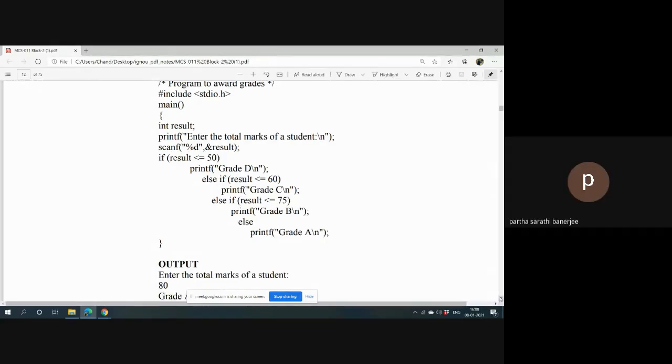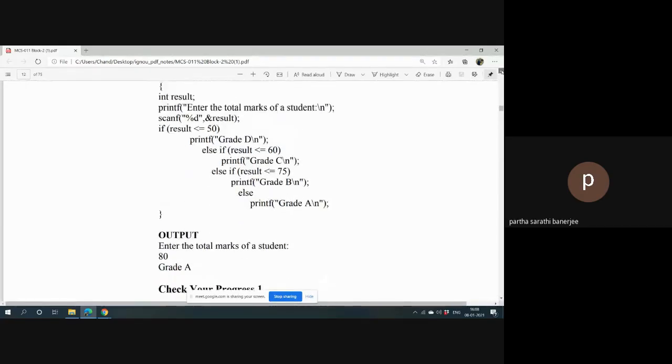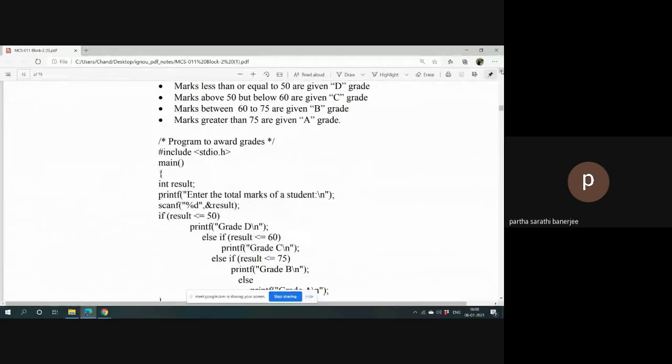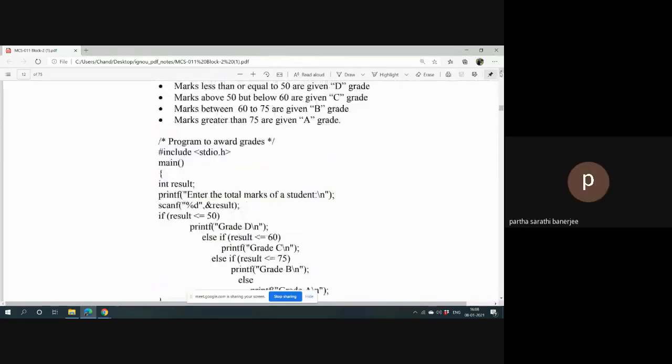If the result is less than 50, then grade D is printed. If the result is less than or equal to 60, grade C is printed. If the result is less than or equal to 75, and so on. Yes, 4 branches. And if all the 3 are incorrect, then grade A.